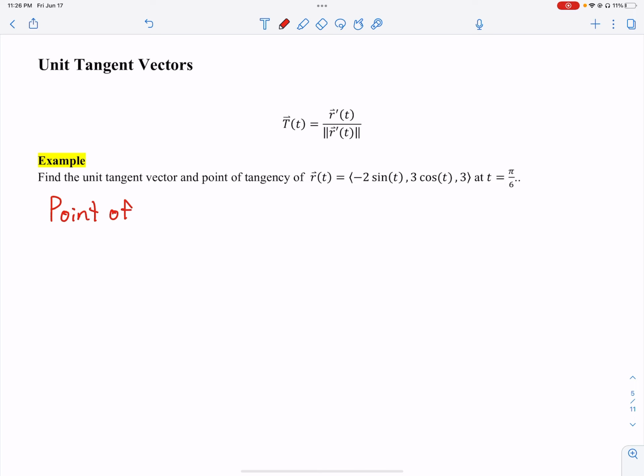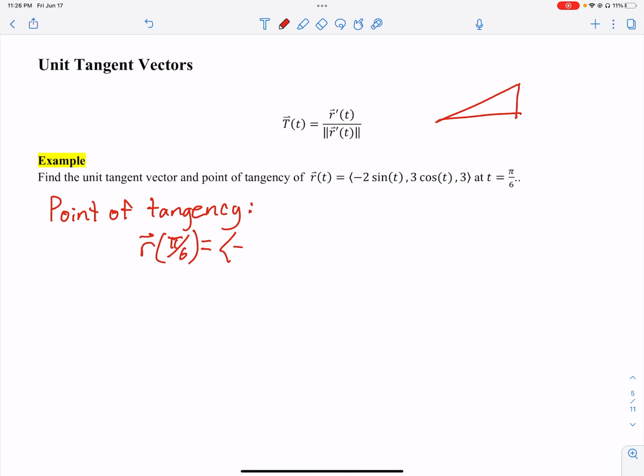Point of tangency. We just plug that value into our function. So we have r of pi over 6. That's negative 2. Okay, so pi over 6. Pi over 6 is my lower triangle. Y is its sine, so it's a smaller value. It's a 1/2, so I'm going to get a negative 1.